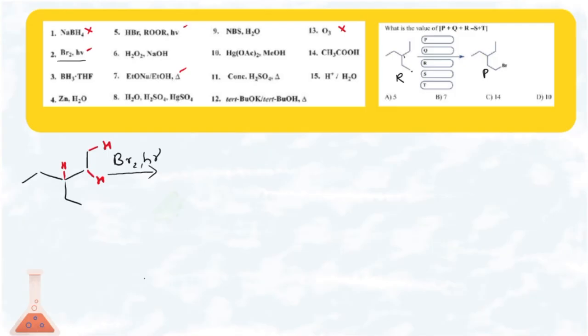How do you decide? Because it's a free radical mechanism, the formed free radical should be stable. And we know that a tertiary free radical is more stable. That means we are going to replace this tertiary hydrogen, so we are going to get this as a major product. The bromine is going to the tertiary carbon like this.